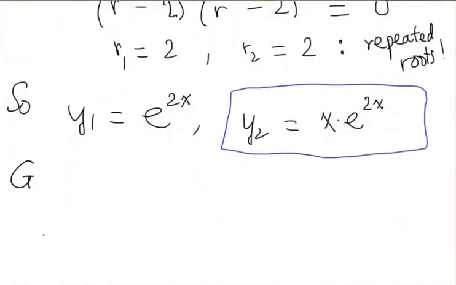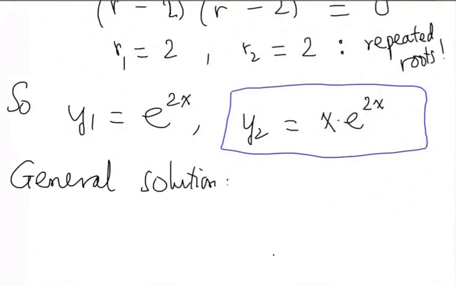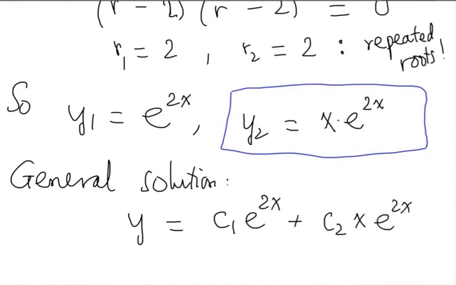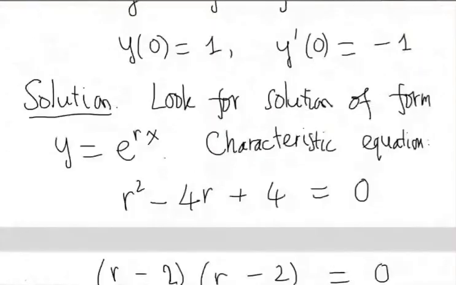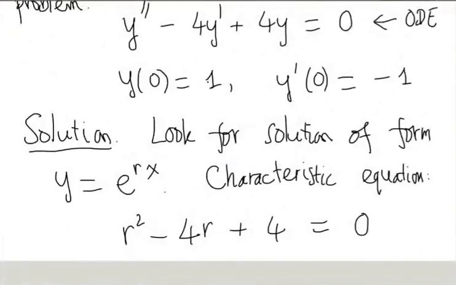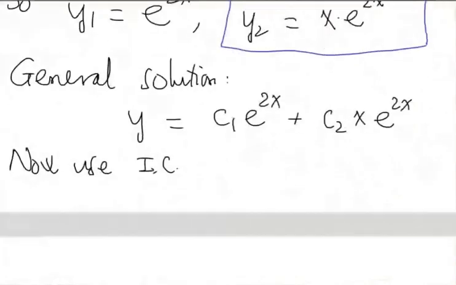And hence, the general solution is y equal to c1 y1, c1 e to the 2x, plus c2 y2, which is c2 x e to the 2x. Now we use the initial conditions. The first condition says that when x equals 0, y equals 1.